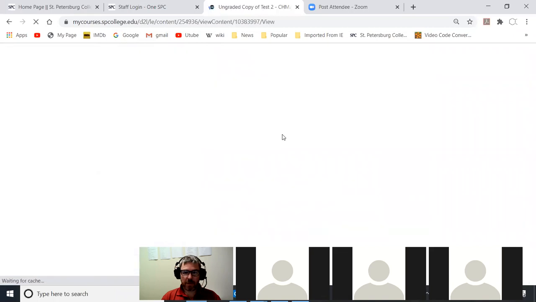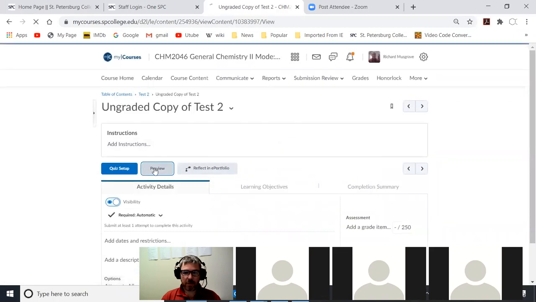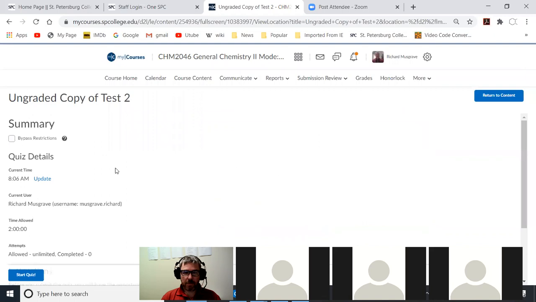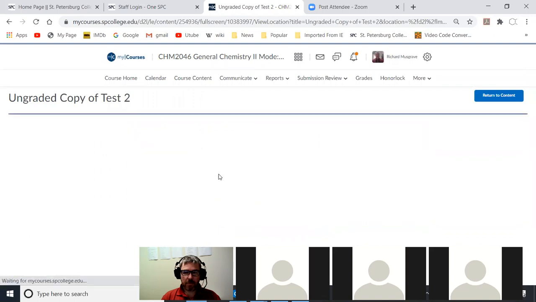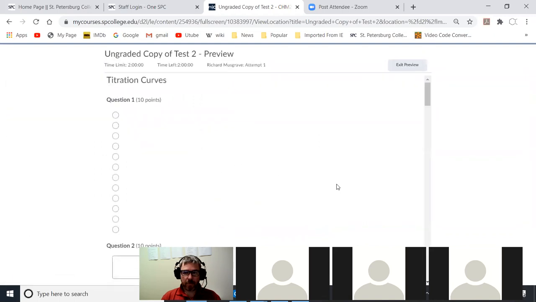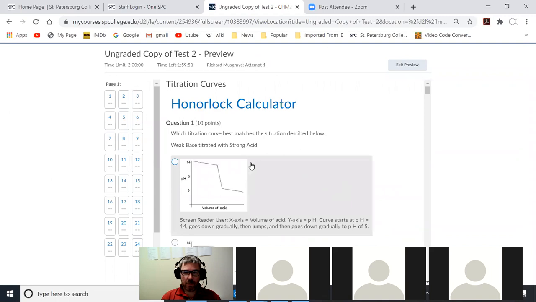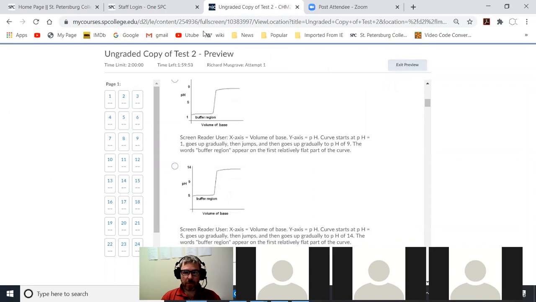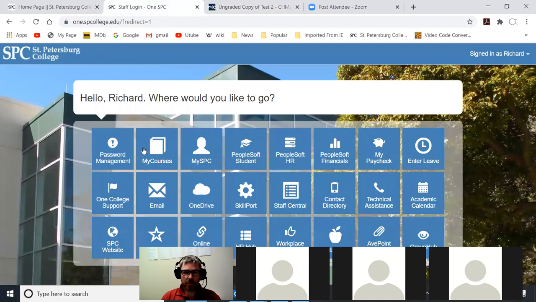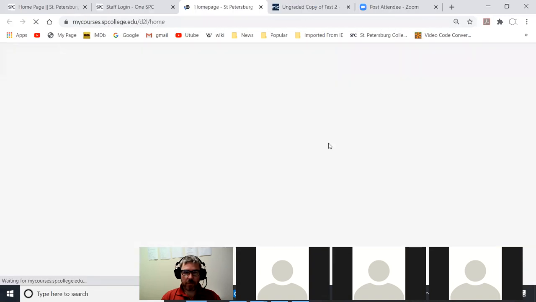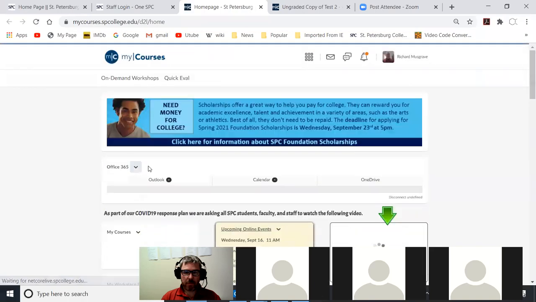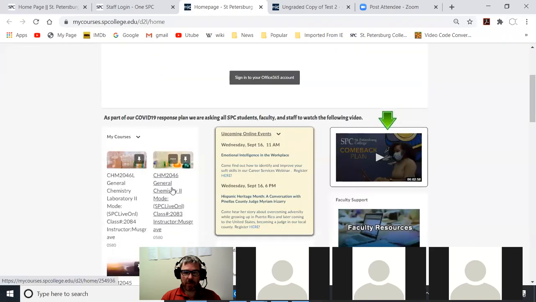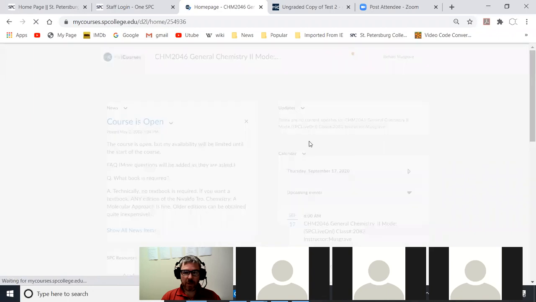I've certainly got one in the ungraded copy of test 2, so we'll take a look at that. Or maybe I don't. I'll leave that open because I want to get into there anyway at some point.